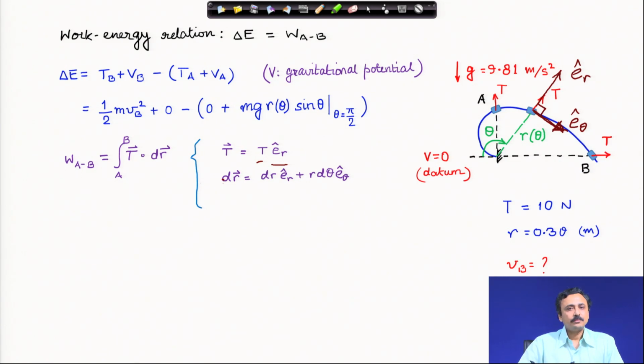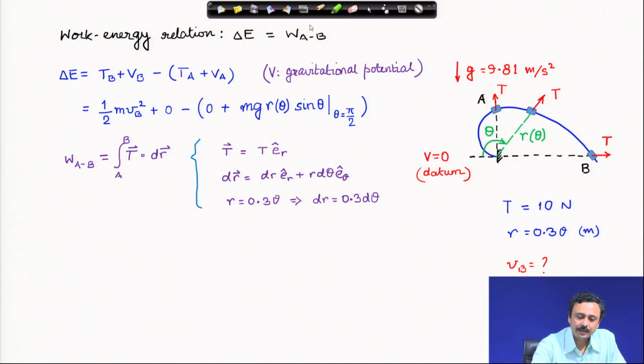Now, we have the applied force vector T and the dr vector, then we can proceed. Here r for the problem was given as 0.3 times theta. Therefore, the dr which I need here is 0.3 d theta.